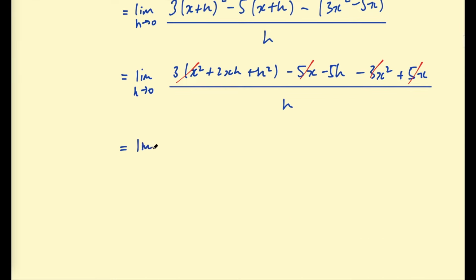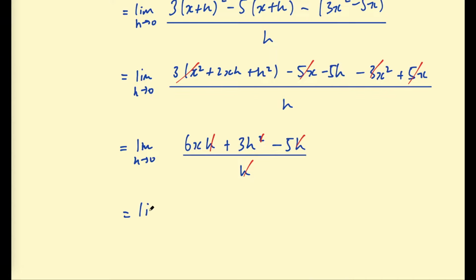Let's see. So the limit as h approaches 0 of 6xh plus 3h squared take 5h. I already distributed that negative to both terms there. All over h, and then we can cancel that h with the h's in the numerator.